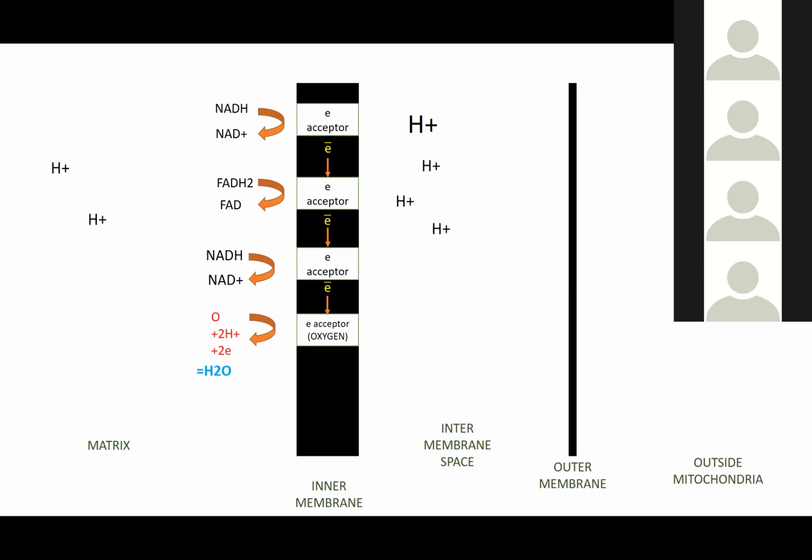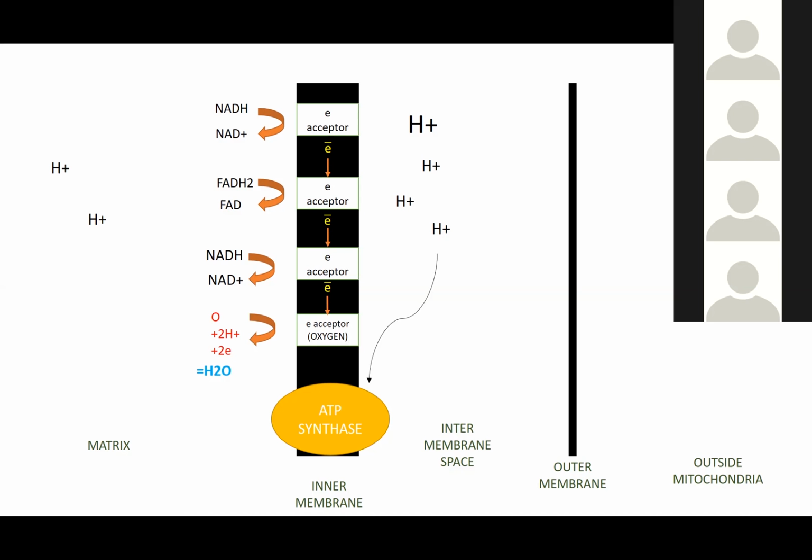And then at the end, we have a bunch of H plus ions in the intermembrane space, and they need to go back to the matrix because we can't have a low pH in the intermembrane space. But the only way they can go back to the matrix is through ATP synthase, which is the enzyme in the inner membrane.